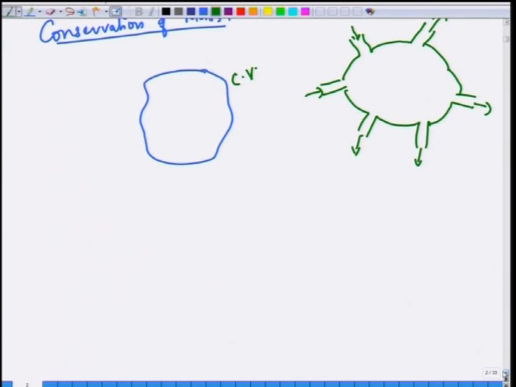How does the conservation of mass principle work for this? So, eta is quantity per unit mass. Now, the quantity that we are interested in is mass itself. So, its mass per unit mass is unity. So, we have to substitute 1 in the Reynolds transport theorem.